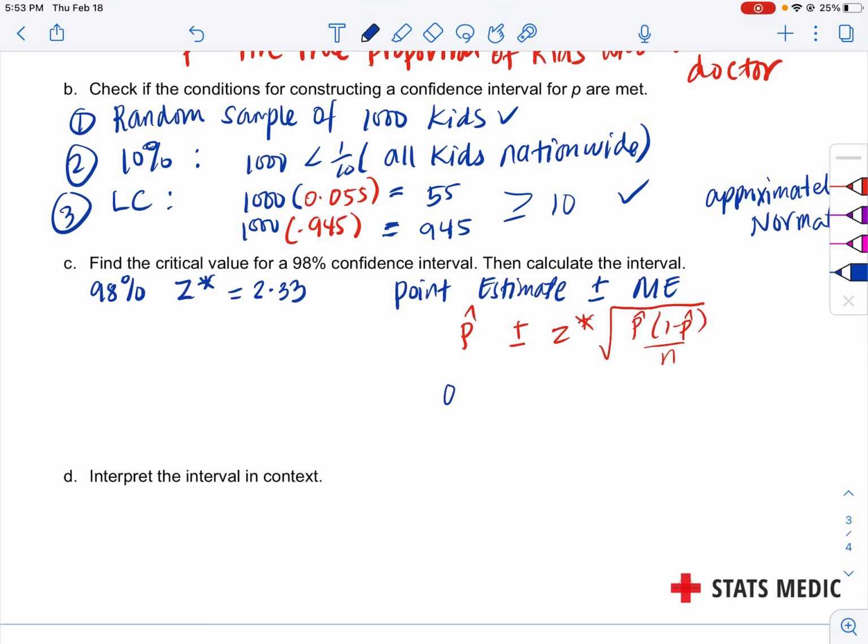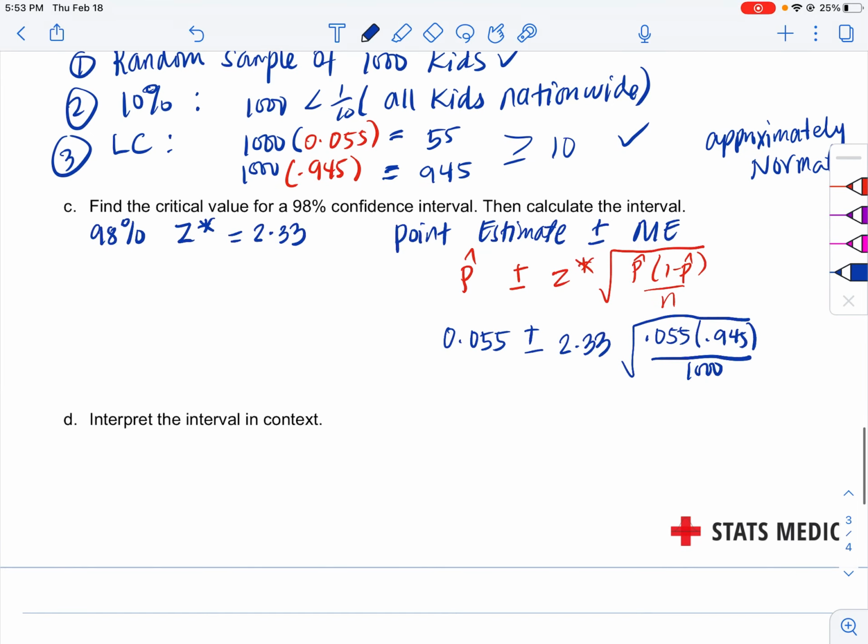So let's plug in. Our p hat was 0.055, 55 out of 1,000, and our z star is 2.33. Then 1 minus 0.055 is 0.945, over how many people are in the sample.